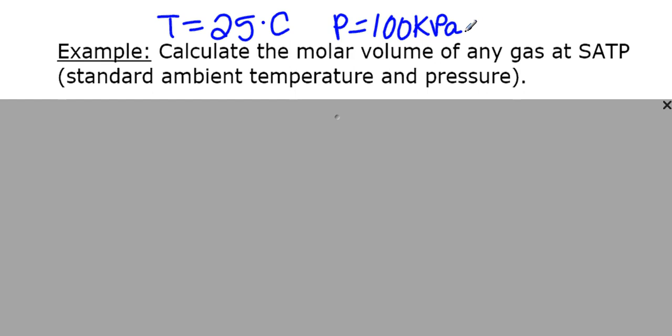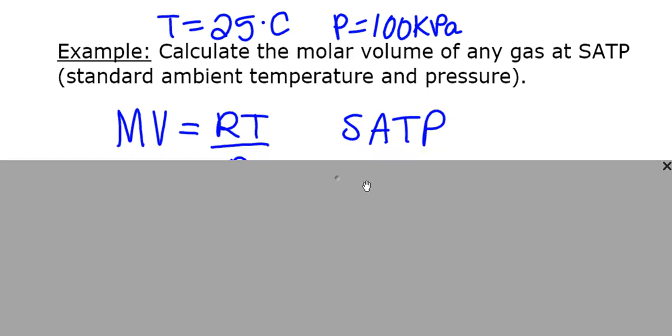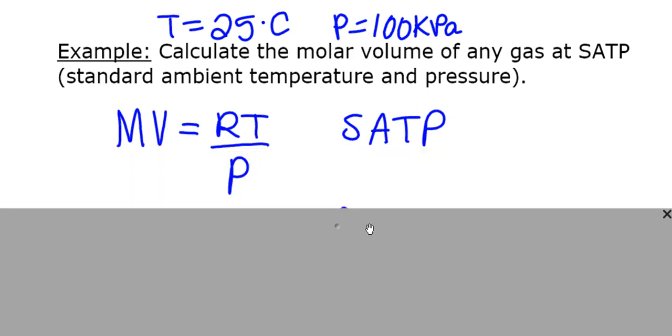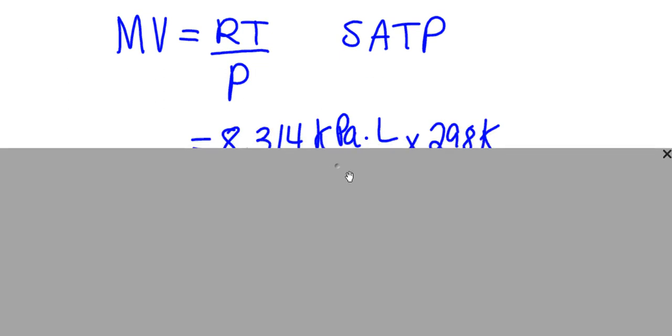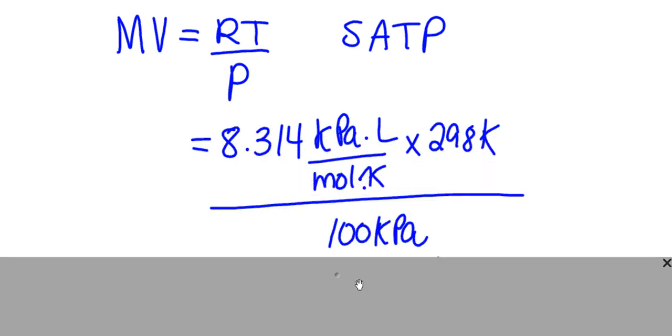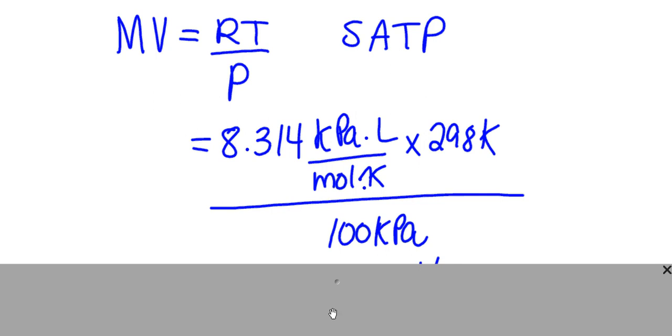Okay, so hopefully you gave this a try. Let's start taking a look. So remember, this is our manipulated formula. Molar volume is equal to R times T divided by P. We're going to plug in our SATP conditions. 8.314 times 298 divided by 100.